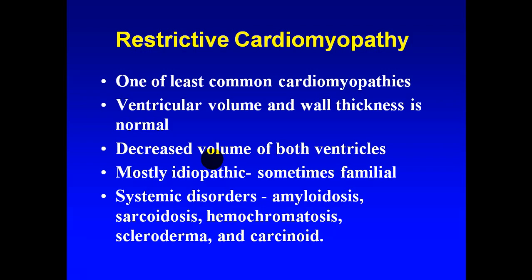Another type of cardiomyopathy, the least common, the rare type, is restrictive cardiomyopathy. Ventricular volume and wall thickness is normal. There is decreased volume of both ventricles, mostly idiopathic, sometimes familial, and usually associated with some systemic disorder like amyloidosis, sarcoidosis, hemochromatosis, scleroderma, and carcinoid.